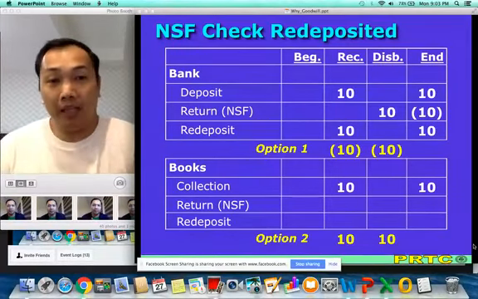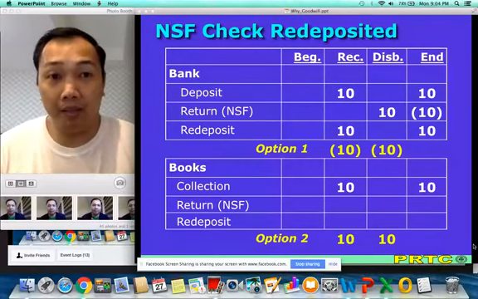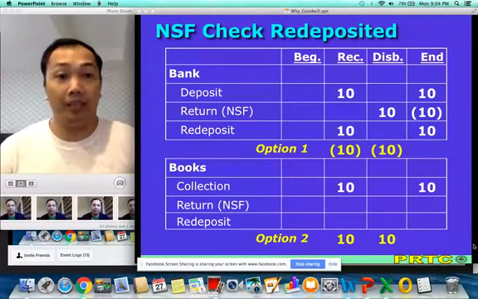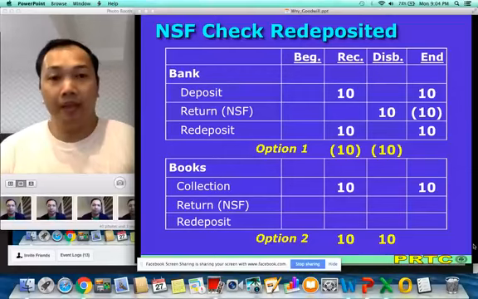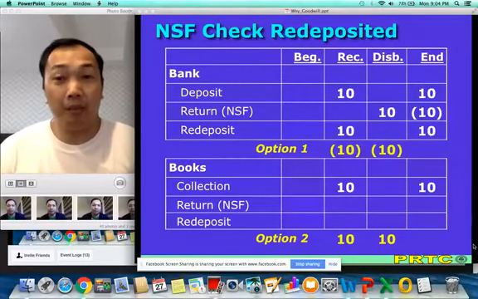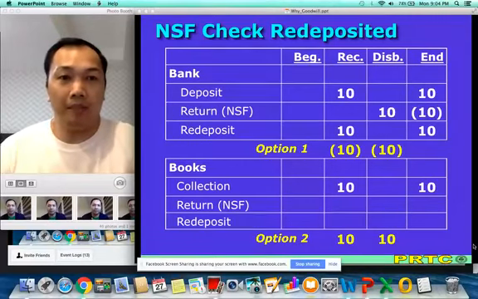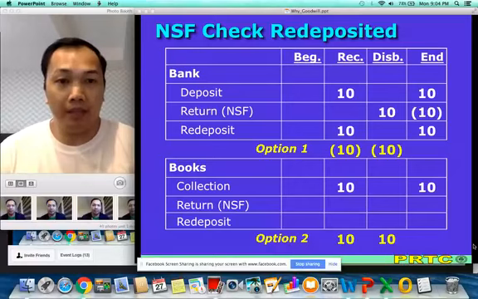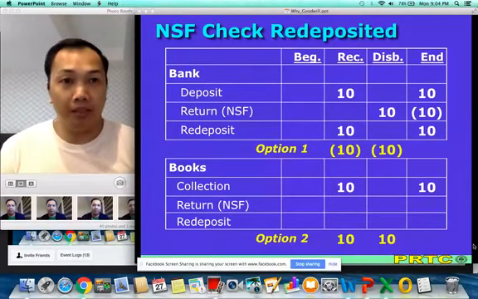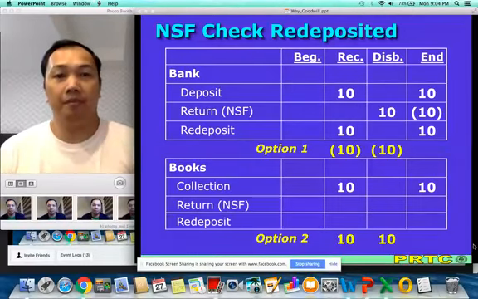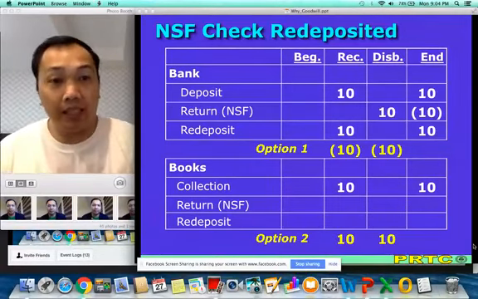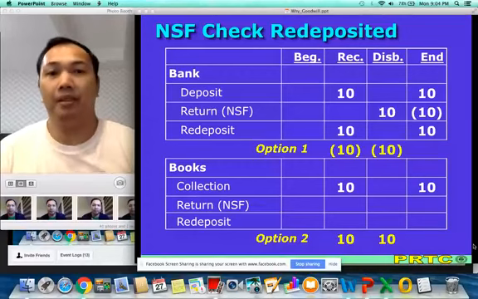Walang issue kung yan ay straight problem, kasi either way dapat tama ka. Ang problema, pag yung exam, multiple choice. Iba ang answer pag dinidak mo yan sa bank, iba din pag in-add mo yan sa books, tapos ang question, adjusted receipts and disbursements.